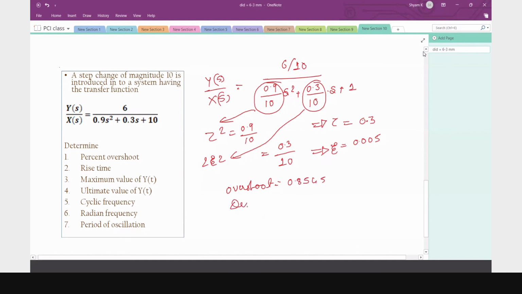ठीक है, decay ratio is overshoot square.